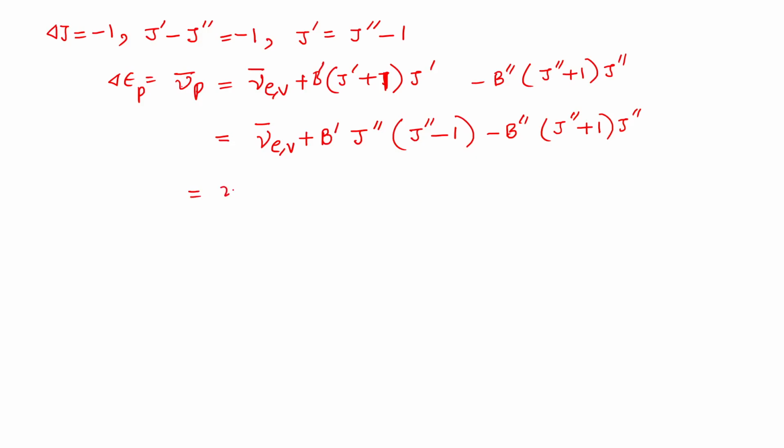So now let us break it down. If we want a symmetrical relationship between all the equations, then in one case we have to take J prime, and in other case we have to take J double prime. Okay.